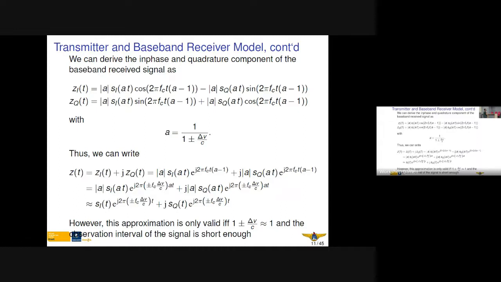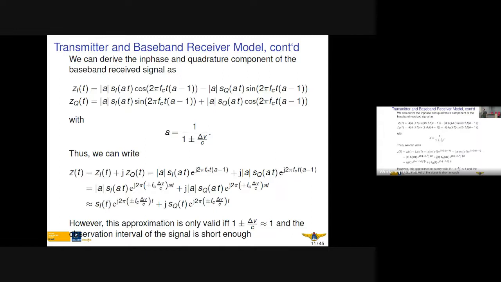And we can further reformulate this to the next line, and then we do the approximation here. We approximate that 1 plus minus Δv divided by c is approximately 1.